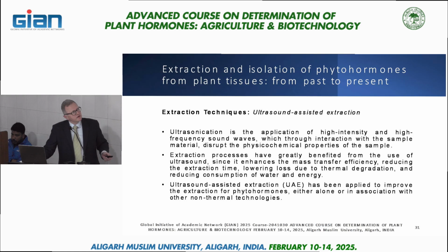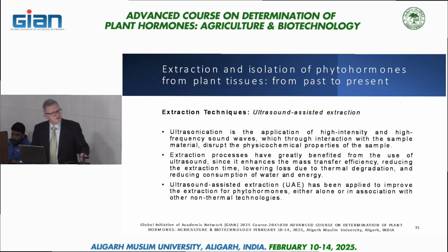The next step in this procedure is ultrasonication, which is a powerful technique used to enhance the efficiency of phytohormone extraction. This method applies high-frequency sound waves to break plant cell walls, allowing for better release of intracellular hormones into the extraction solvent.